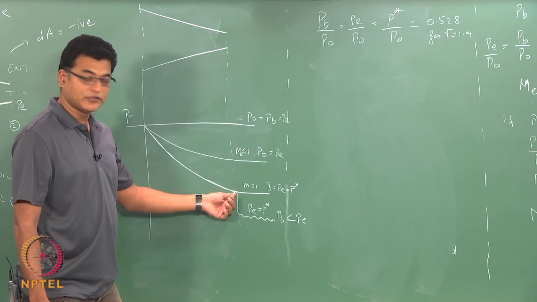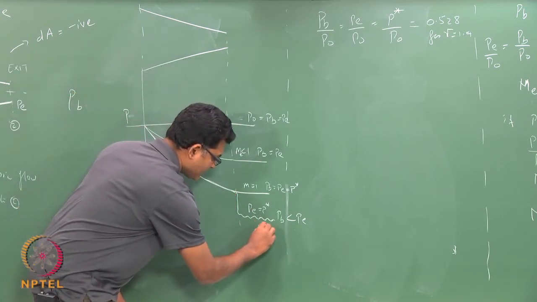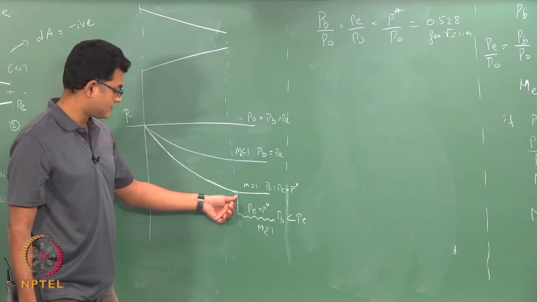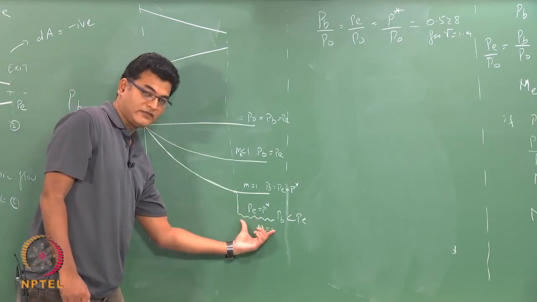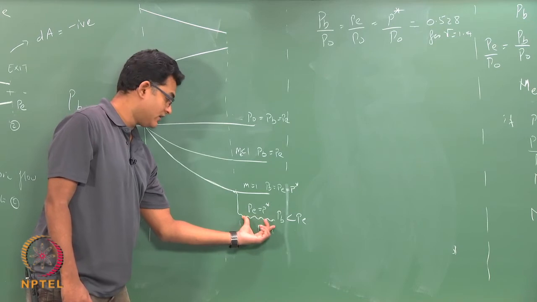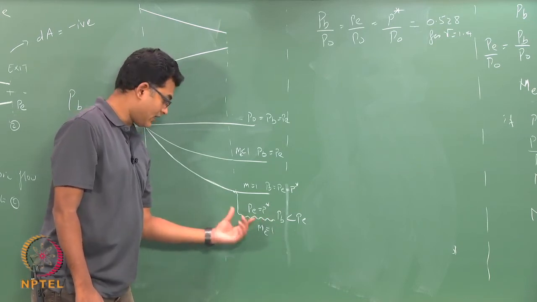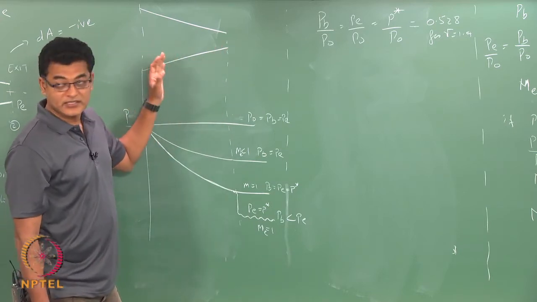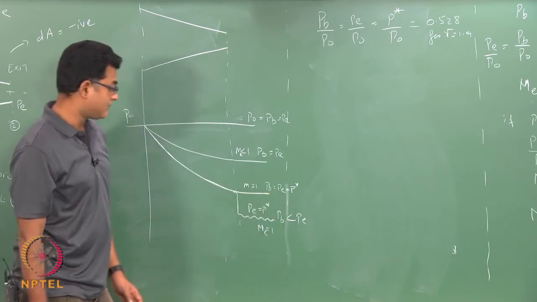So this value is not going to change. The Mach number at the exit is still 1, but the flow does something outside the nozzle, which we will deal with after studying shocks and other things. At present we are dealing only with what is happening inside the nozzle. There is nothing that is going to happen after PB reaches your P star.